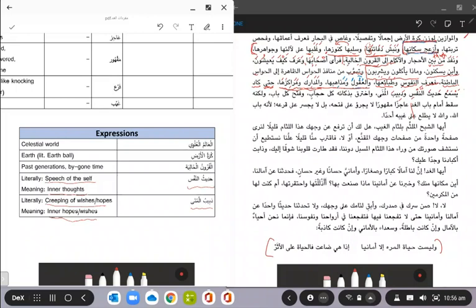Does that make sense, everyone? Was that clear? So you will usually hear these things together. Hadith al-nafs and dabib al-muna. You will hear them, like you can say that they're an expression together.